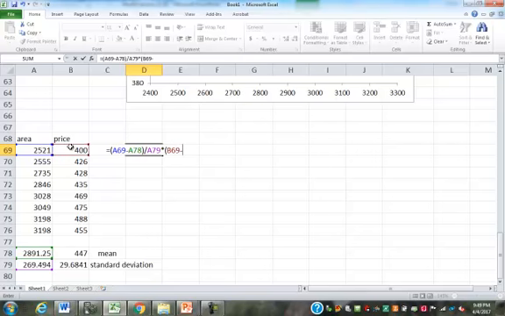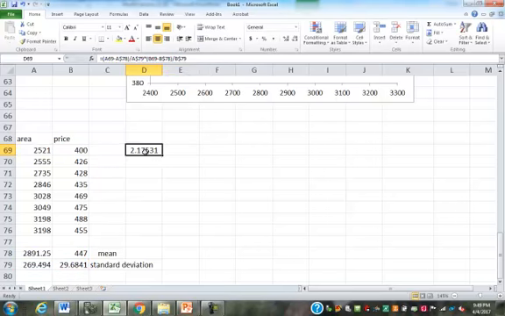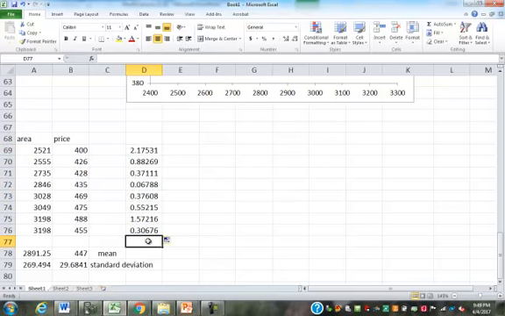So this value minus its mean divided by its standard deviation. Now I'm going to go back in here and I'm going to put some dollar signs in here so that it doesn't scroll down. So we're going to pull that on down there. We add those up.